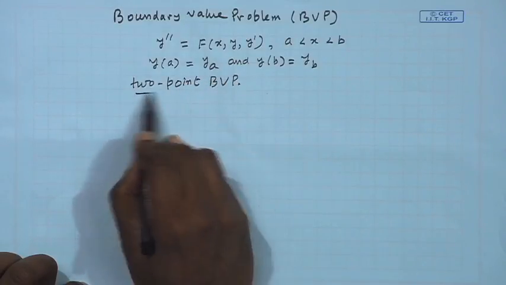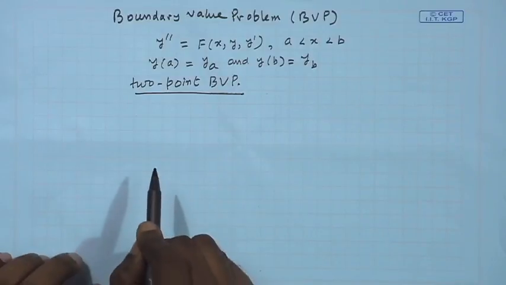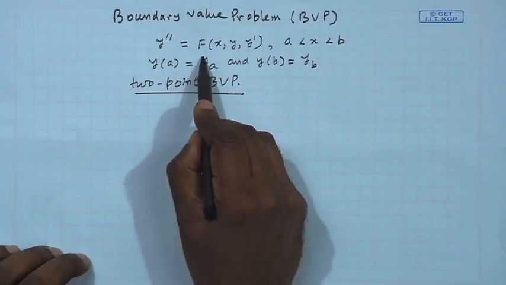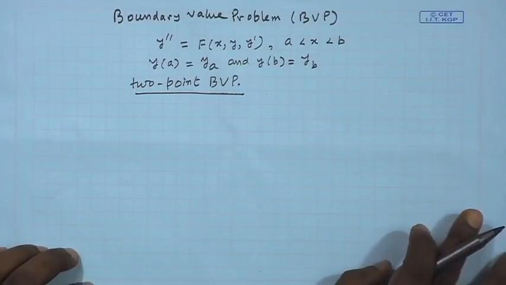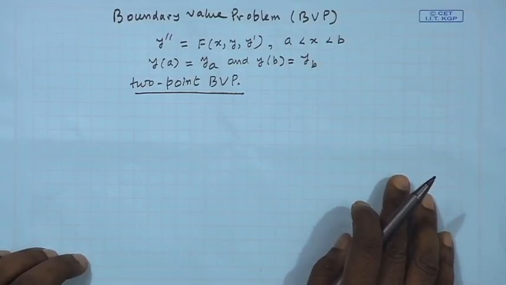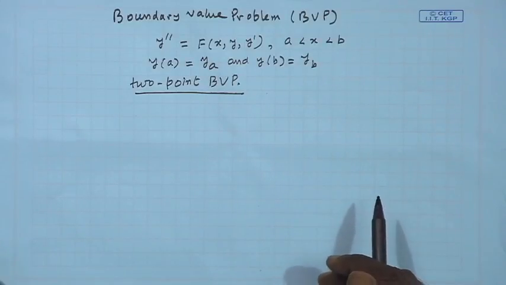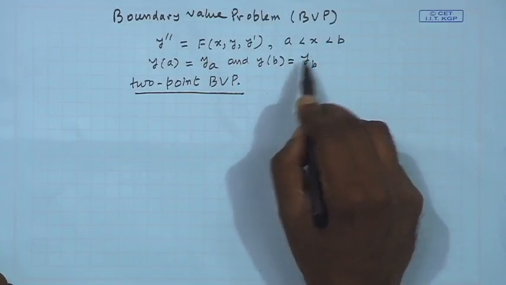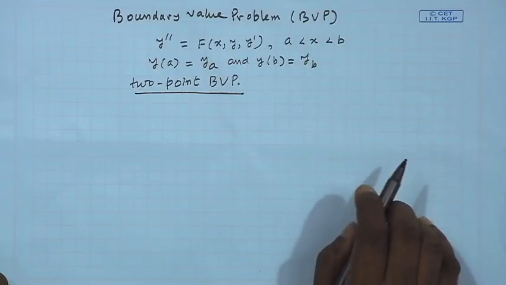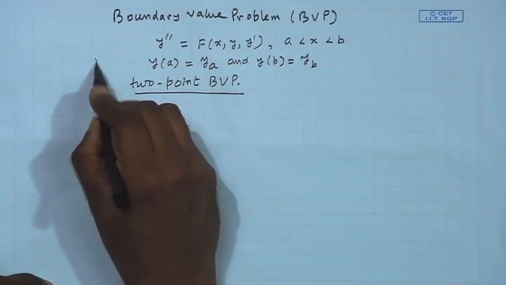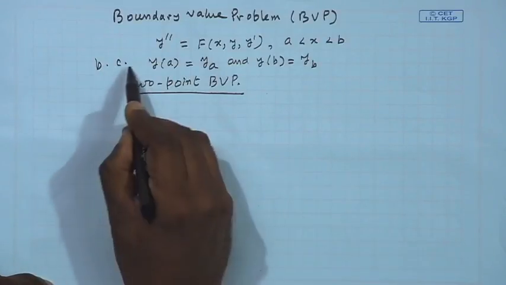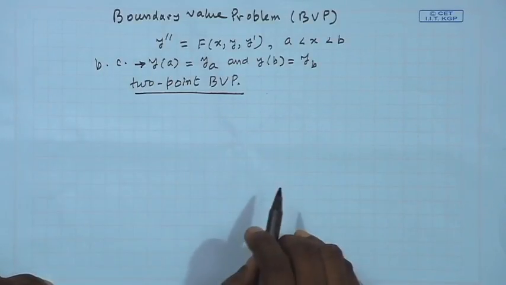Now, a boundary value problem will be at least a second order differential equation, because there will be two conditions. So, obviously, the order of the differential equation will be at least 2. It can go beyond that, and consequently the number of boundary conditions also will be more. These conditions we call boundary conditions, BC in short form.